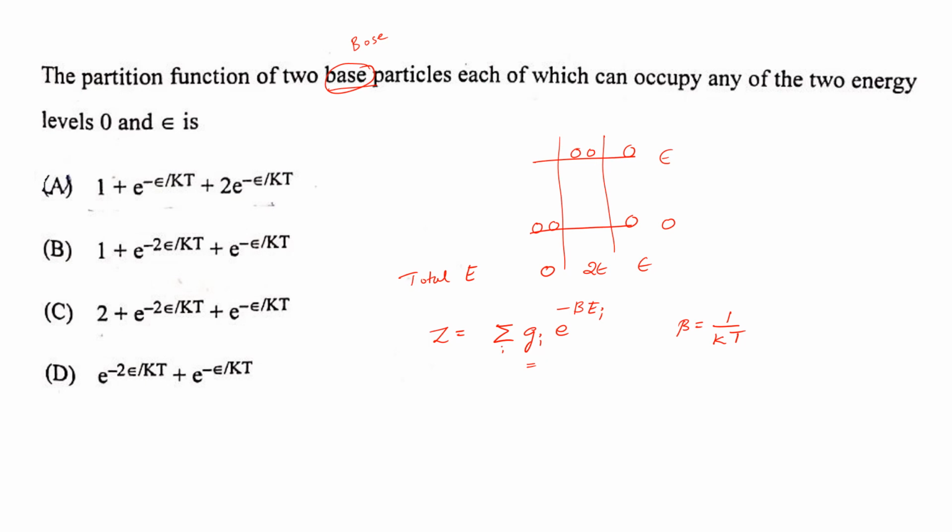Since both the energy levels are non-degenerate, the value of gi is 1. So we can expand this: first we consider energy 0, e raised to 0, plus e raised to minus beta into 2 epsilon, plus e raised to minus beta into epsilon, giving 1 plus e raised to minus 2 epsilon by kT plus e raised to minus epsilon by kT. Therefore option B is correct.